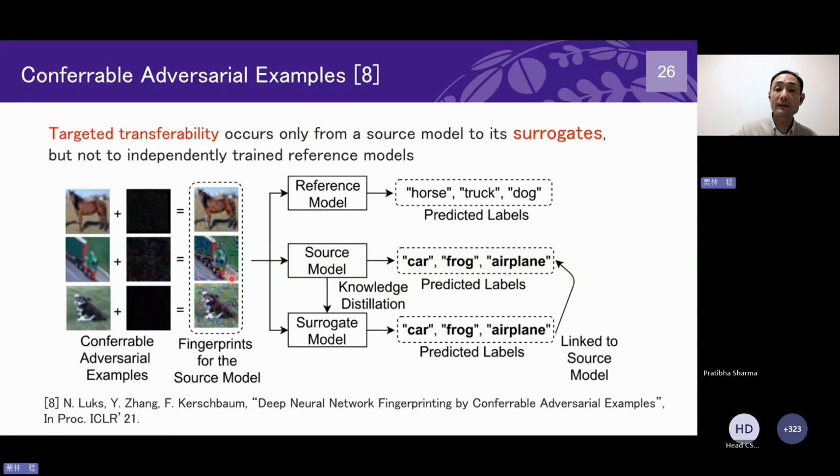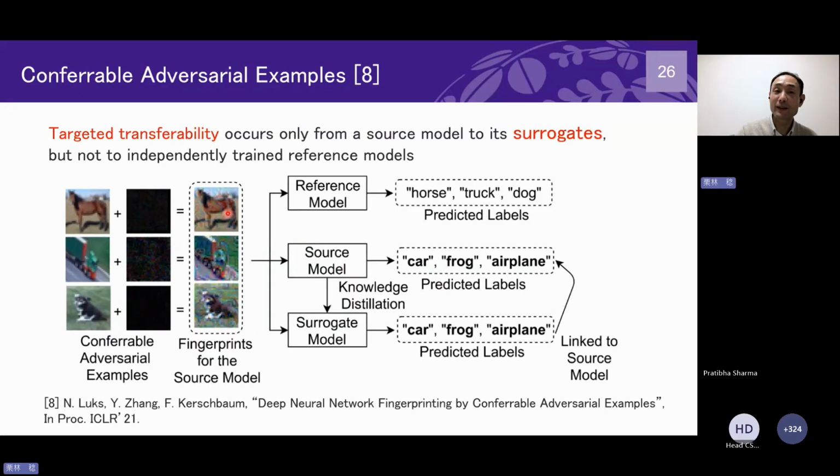If this adversarial example is input to the source model or surrogate model, then it works correctly, meaning the adversarial example reacts to the model.